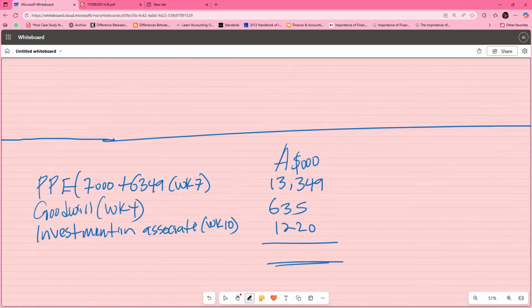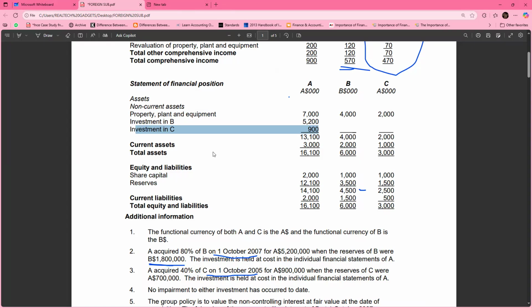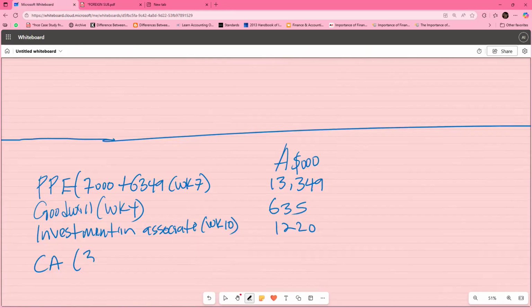Oh no, no, no, sorry. Let me just bring in the last one. Current what? Current asset. Write it in full in the exam. There's nothing like CA. So this is 3,000.